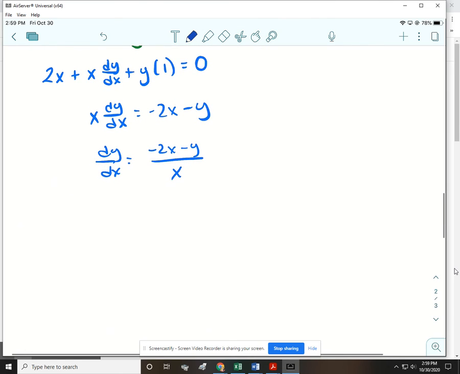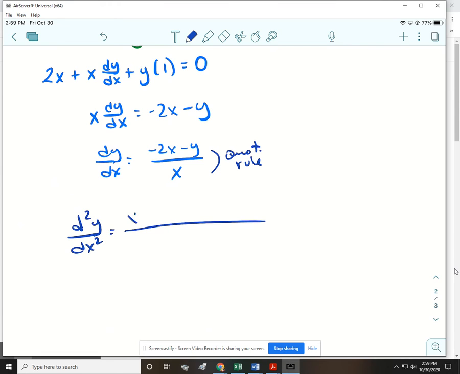Okay, so I have my first derivative. We're going to, again, use the quotient rule to find the second derivative. All right, so we have low d high minus high d low over low squared.